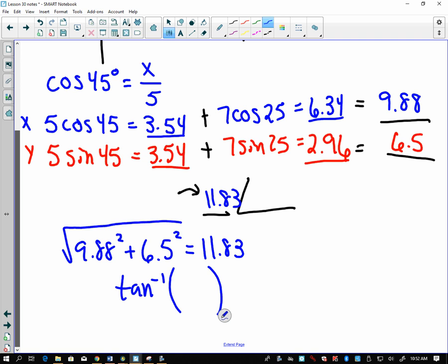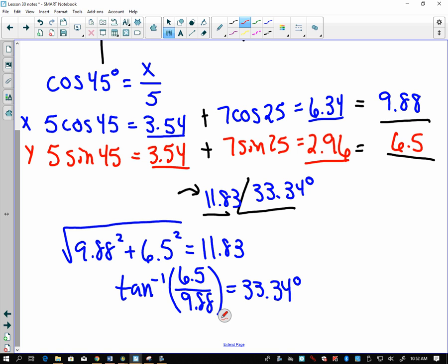So what's opposite of my reference angle? 6.5. And adjacent is 9.88. 33.34 degrees. So this right here is my answer in polar coordinate form.